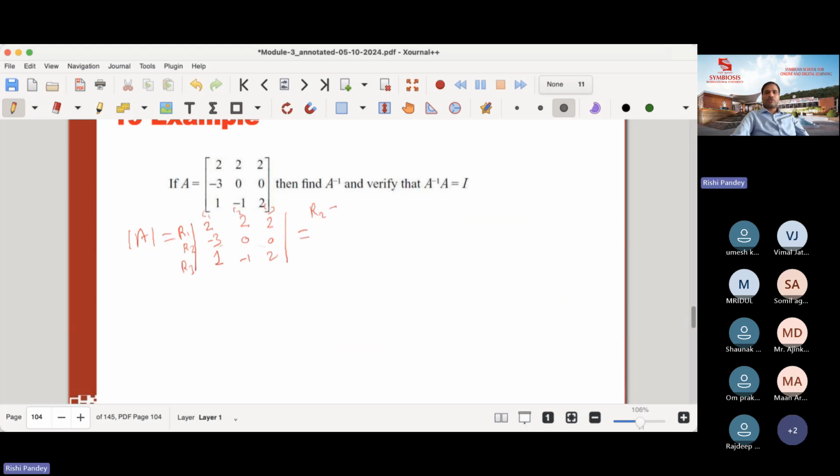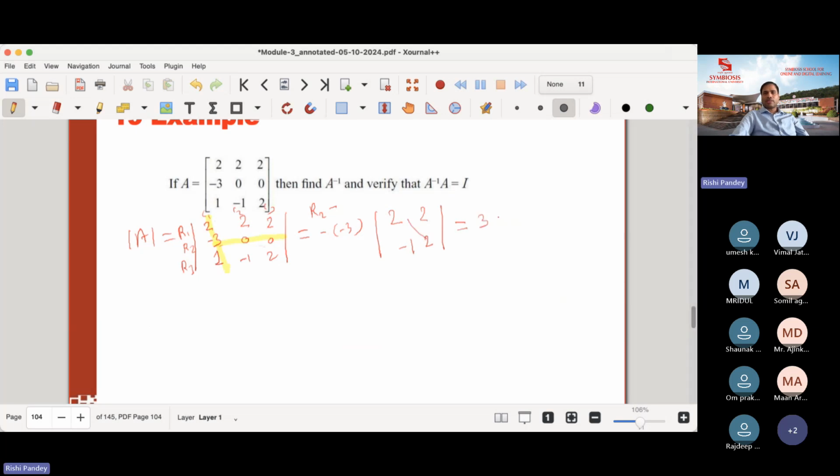So what is the location value? 2, 1. So it must be minus and one more minus. And we will delete what? The particular row and column where the element belongs, and we can write. Okay.